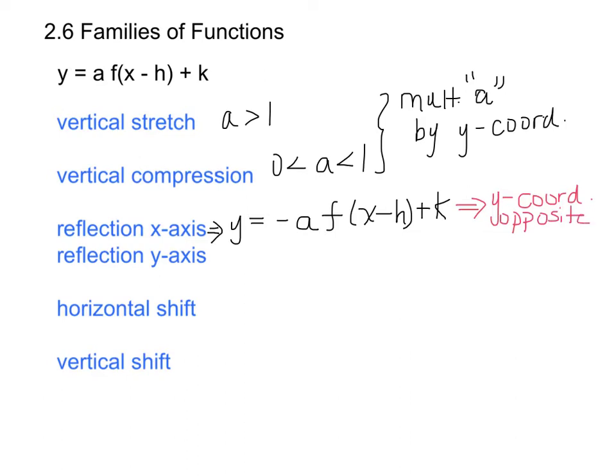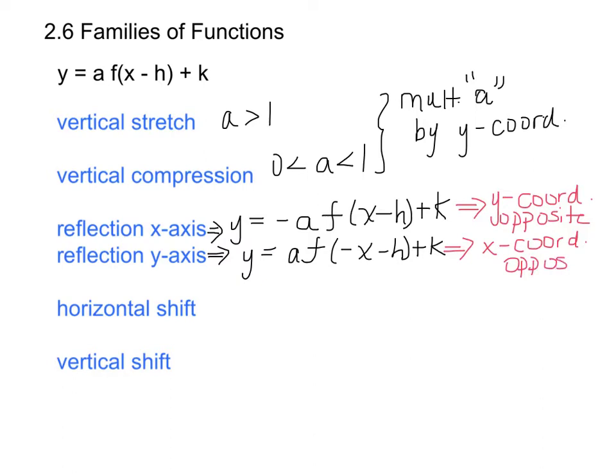Okay? And then a reflection across the y-axis occurs when the negative is inside, like this. Which means now your x-coordinates are opposite. Okay? And then that number, the h, that affects your graph horizontally.